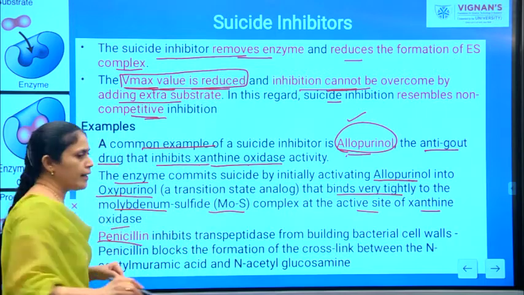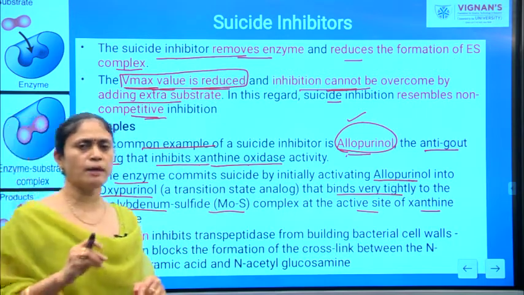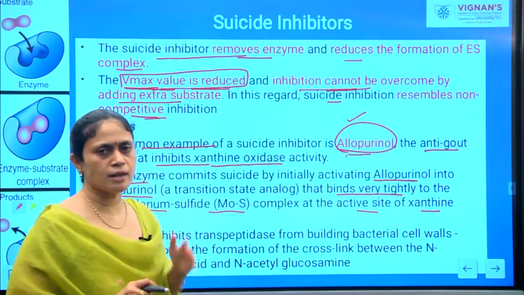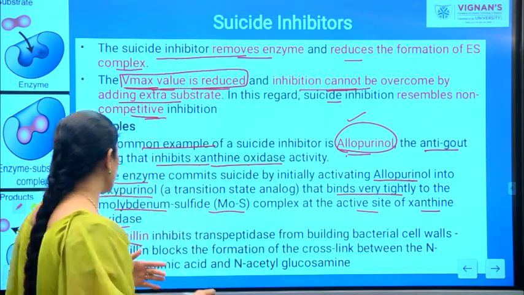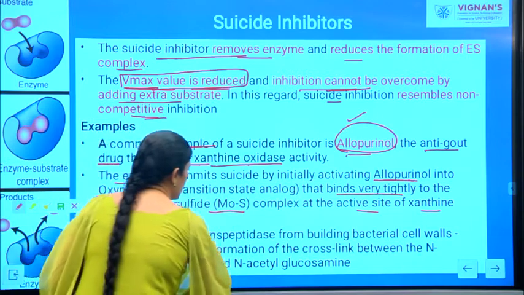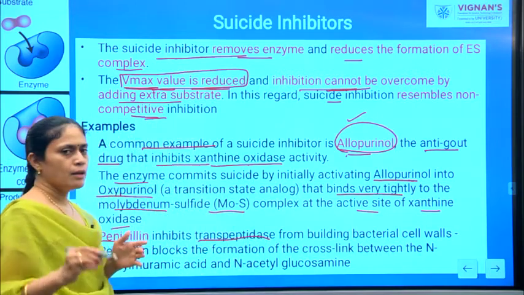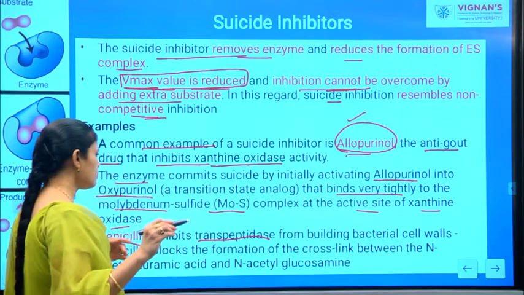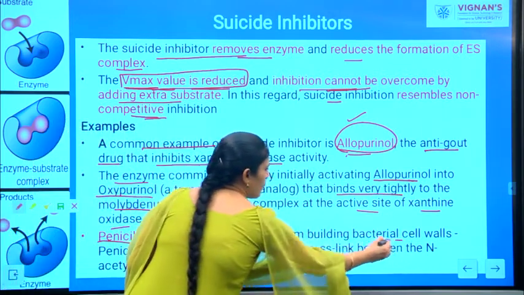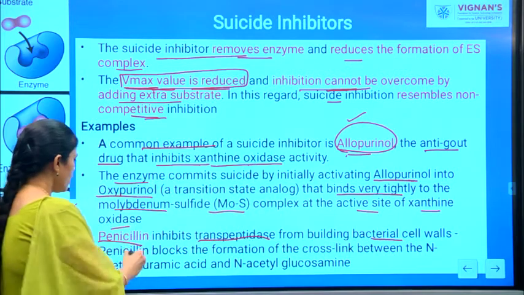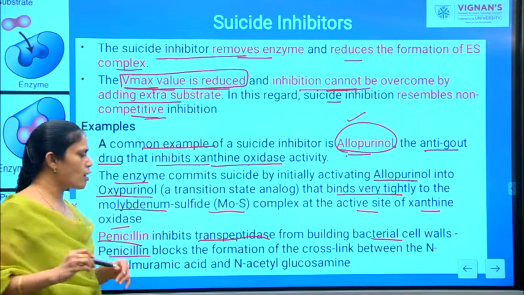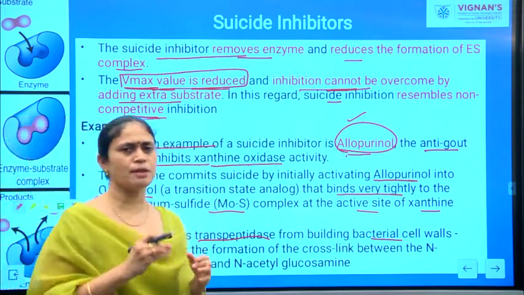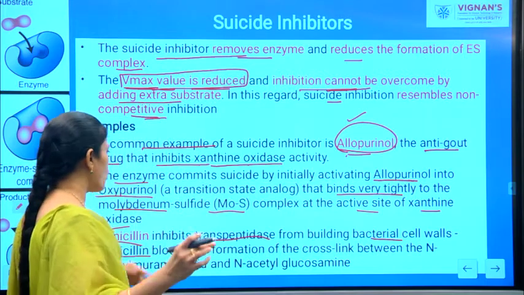Let us consider another example, which is your penicillin. We have discussed the penicillin. It is an antibiotic which inhibits the transpeptidase enzyme, which is very much responsible for building the bacterial cell wall, and this penicillin blocks the formation of the cross links between the NAM and NAG. What is NAM?